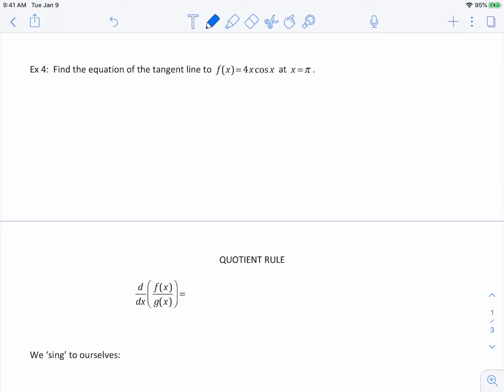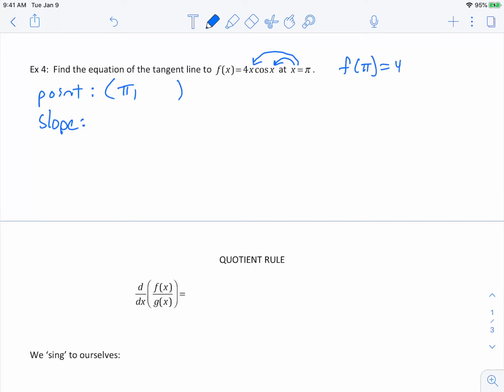We were looking for the tangent line at x equals pi for f of x equals 4x cosine x. Okay, so obviously for a line, we need a point and a slope. Now the point, I already know, is going to have an x-coordinate of pi. You can plug that in to x to figure out what the y is going to be.